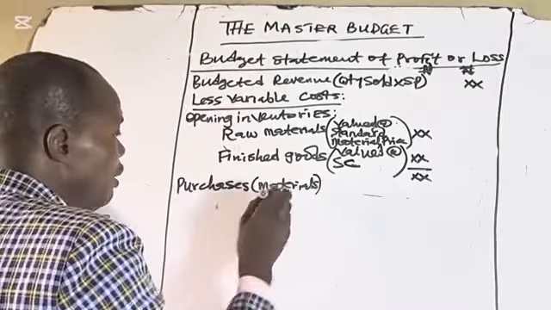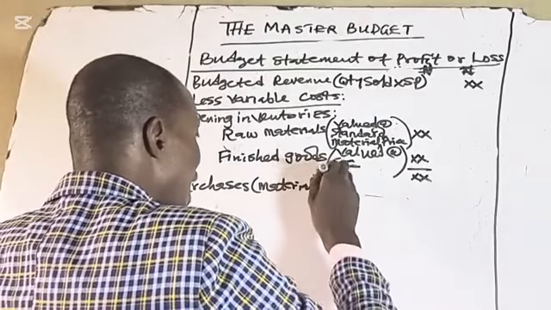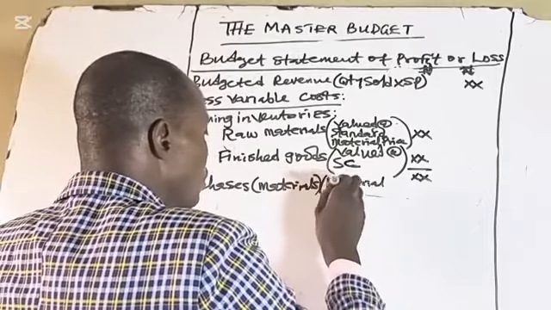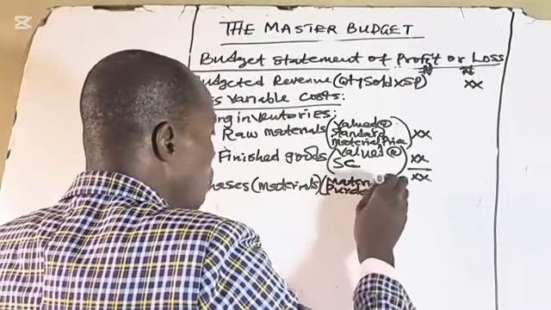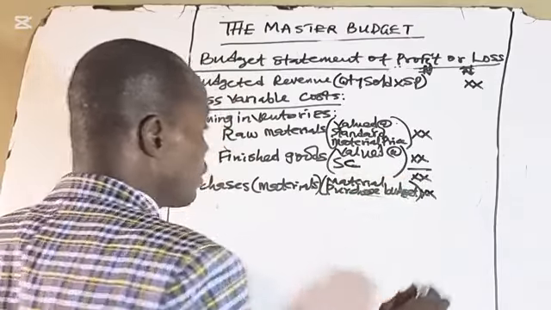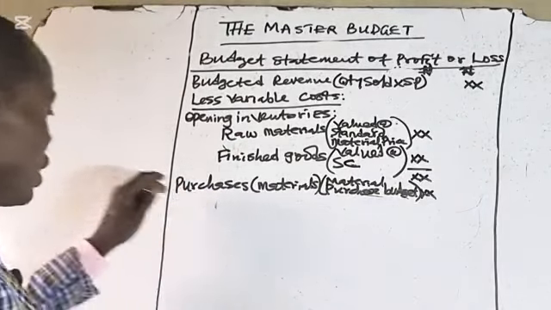These purchases will be obtained from the material purchase budget, if any. The figure you obtain from your material purchase budget, you add it. That is purchases.